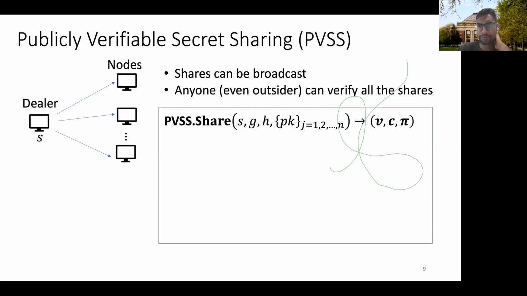I want to introduce a few interfaces here. So the PVSS scheme has this interface, pvss.share, and it takes in a secret and some public parameters G and H, and the public keys of all the nodes. So these PVSS schemes do require a PKI.